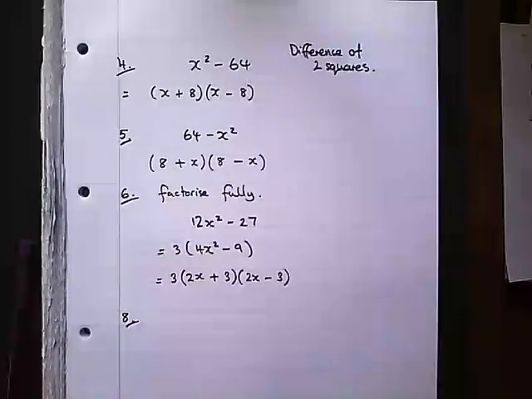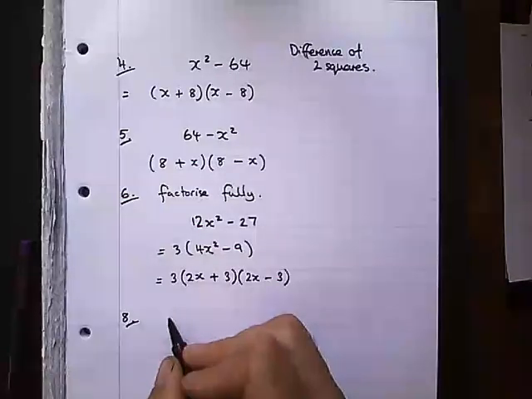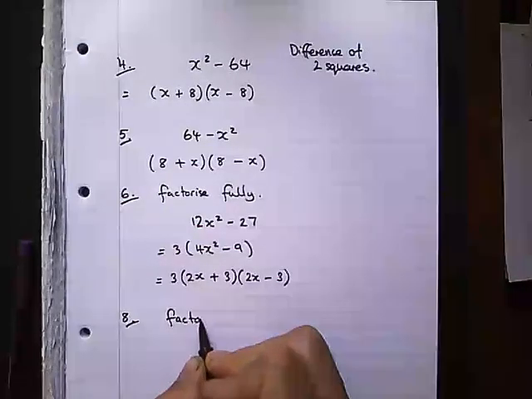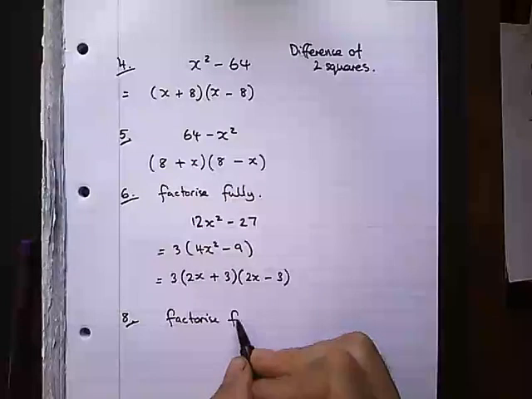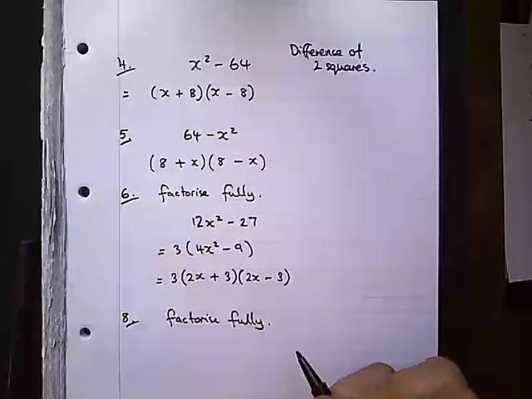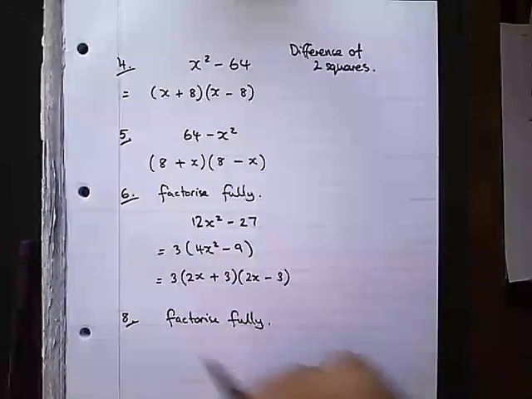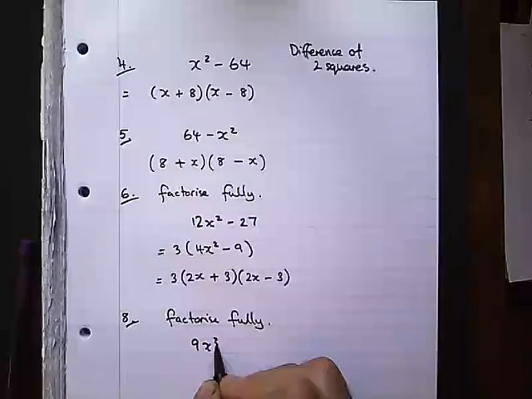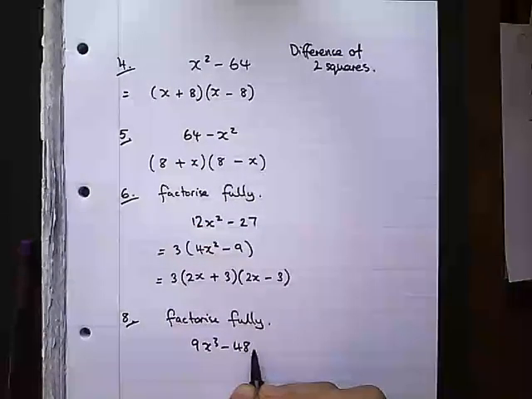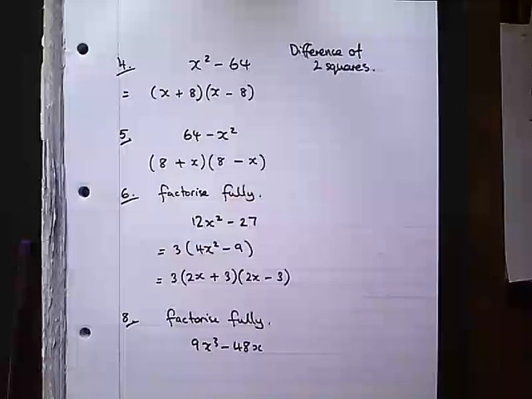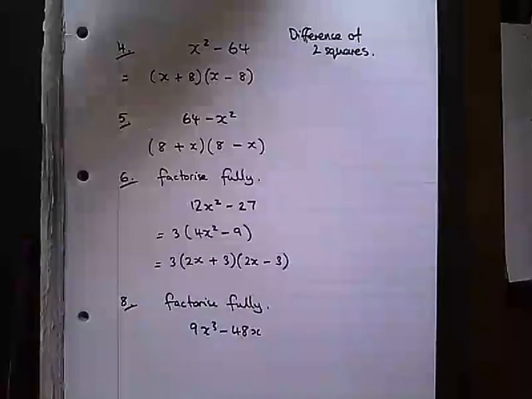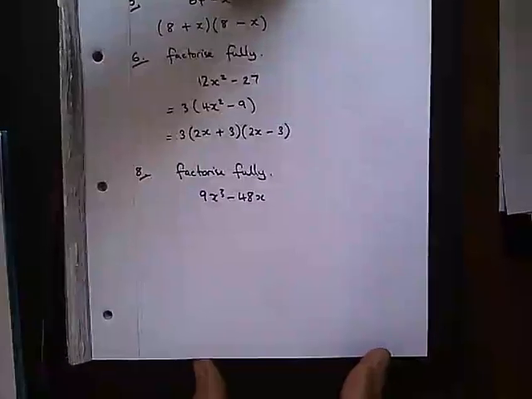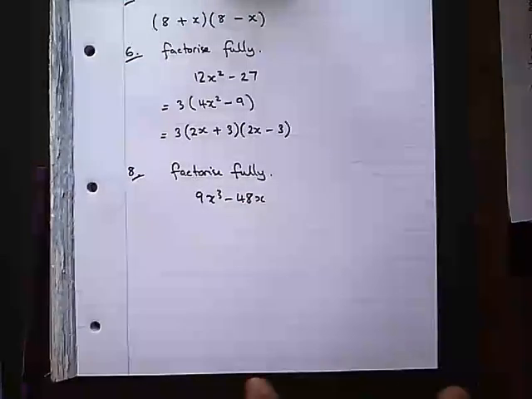Last one. Okay, this one's slightly different, and they're going to ask you to factorize fully again. Okay, so factorize fully 9x cubed minus 48x. Now it's not a quadratic, because a quadratic has an x squared term as its highest power.